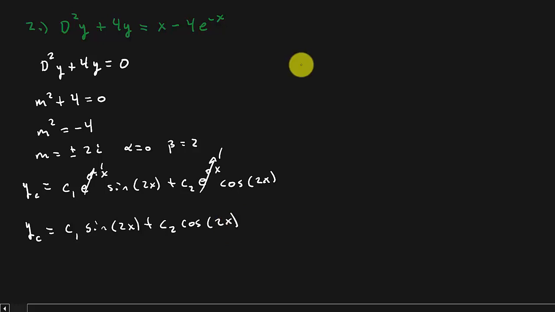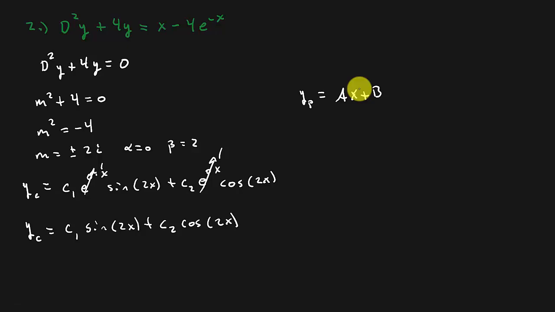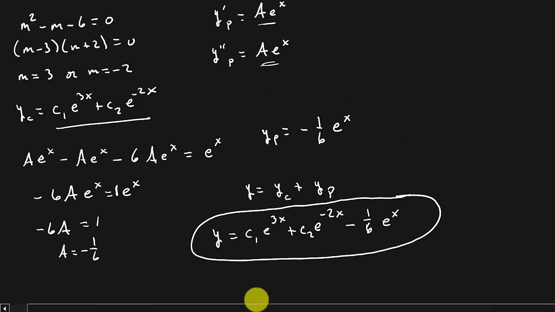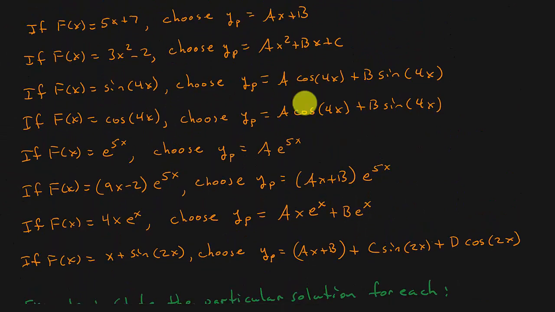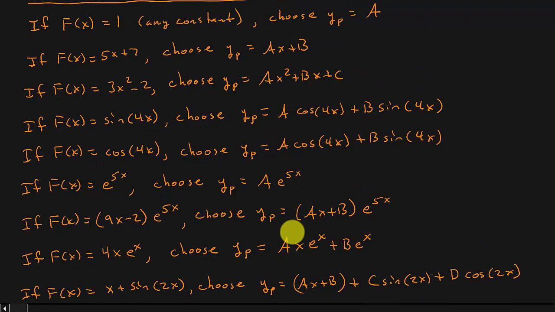Now, we've got to choose y sub p. So for our linear term, that's going to be ax plus b. And if you haven't copied this down right here, I would copy this down, and then you would have it with you as we work through the video.